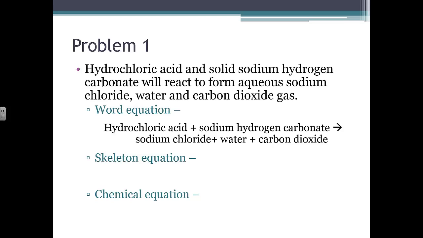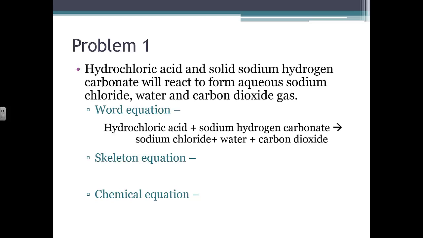We can translate each of these into formulas. Hydrochloric acid, remember, it's named as an acid. Since it says hydro, we know that's a monatomic anion, so it's hydrogen combining with chlorine, and so its formula is HCl. Sodium hydrogen carbonate has the sodium ion reacting with hydrogen carbonate ion, which with a +1 on sodium and a -1 on hydrogen carbonate would go together in a 1-to-1 ratio, so it's just going to be NaHCO3.